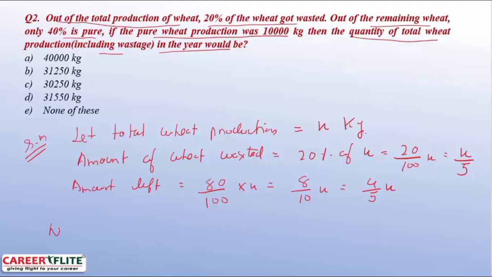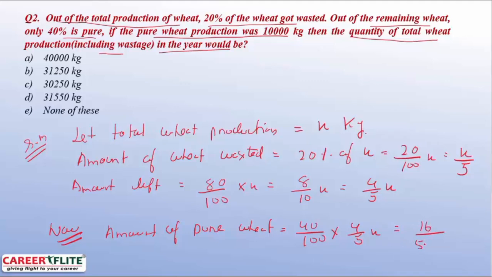Now what will be the amount of pure wheat? It will be 40% of the remaining amount, that is 40 by 100 of 4 by 5 x, that is 16 by 50, or you can say 8 by 25 x.